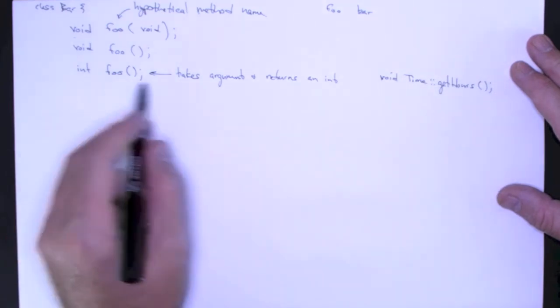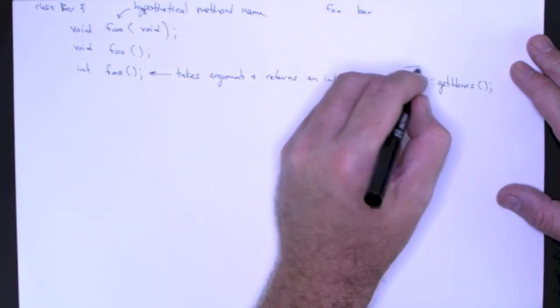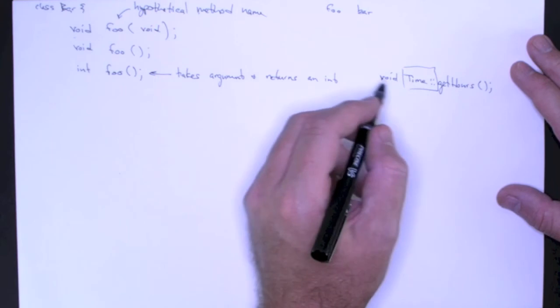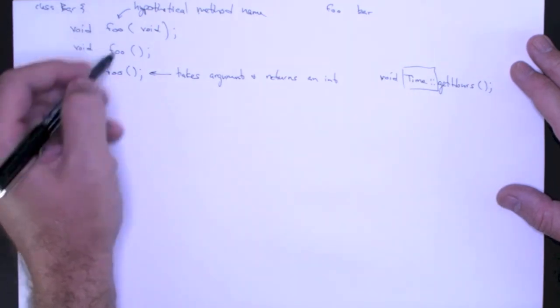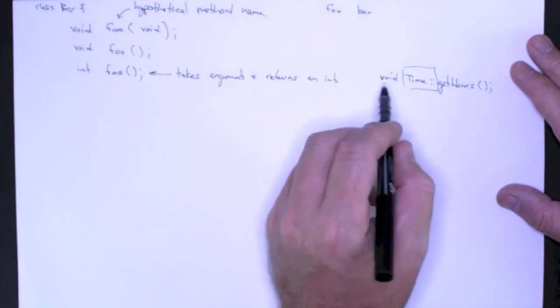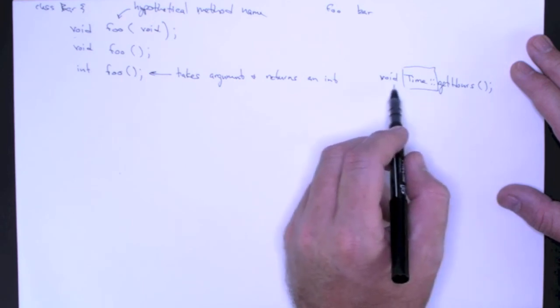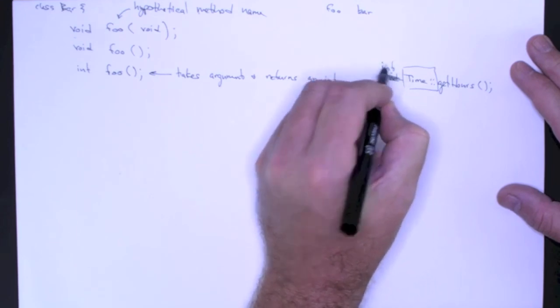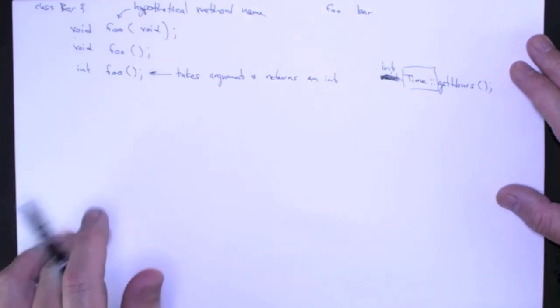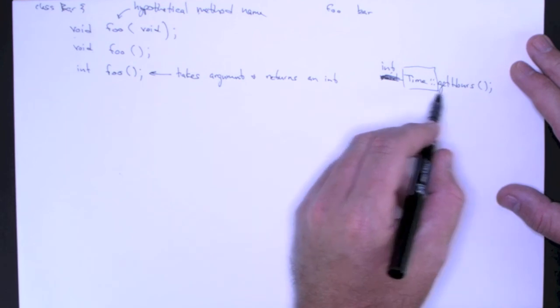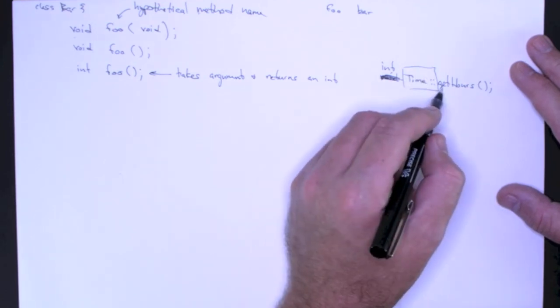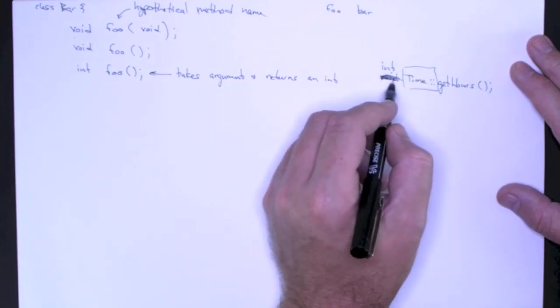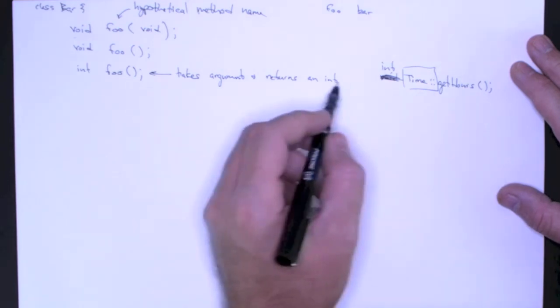So it looked exactly like this. Now in this case, I'm adding the class and the scoping operator because I'm not declaring this in a class construct, just to let you know that this is a method of the time class. But, whoops, sorry, that should be an integer return type. So, all of our get methods where you're getting or returning an integer quantity are going to look exactly like this.